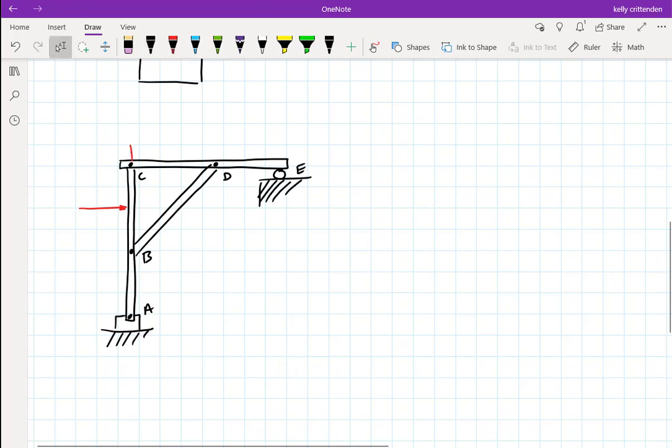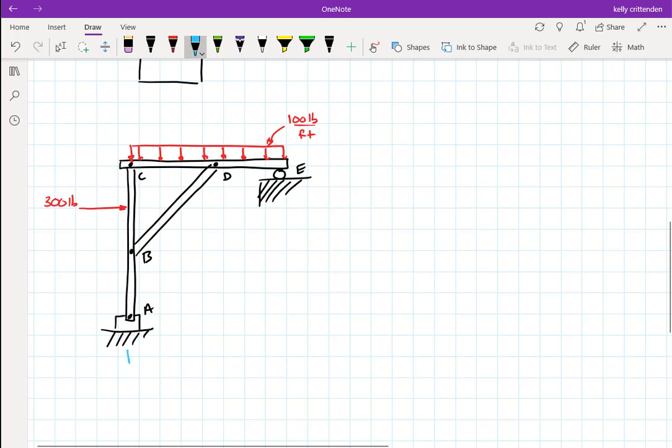Let's put a distributed load just so we have practice working with those things. And let's put some dimensions and units and all that kind of stuff. So let's say that this is 100 pounds per foot for the distributed load, this guy. Let's make this one 300 pounds total concentrated load.